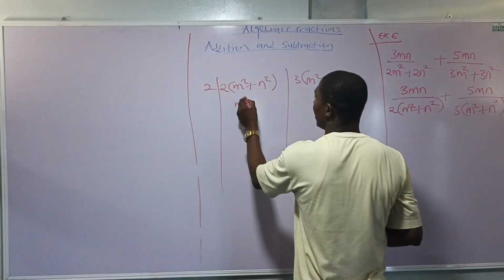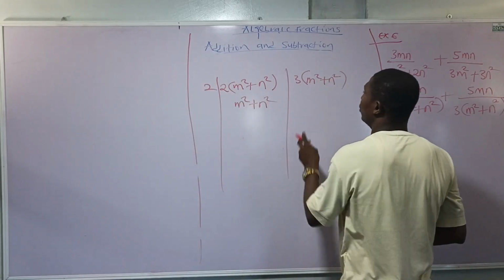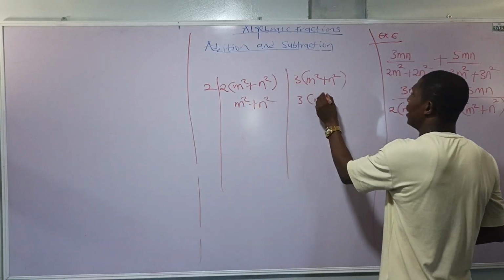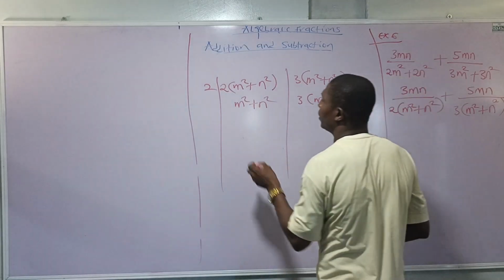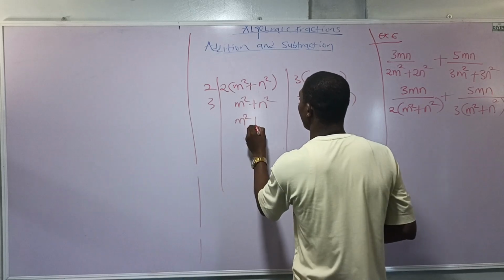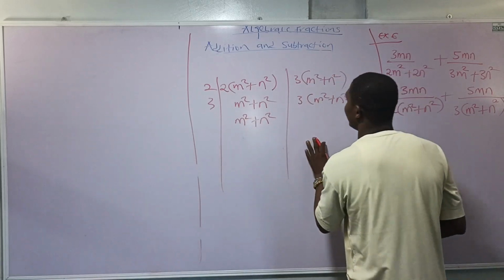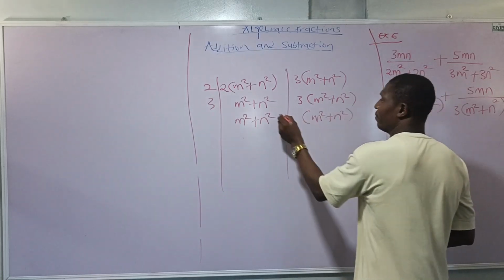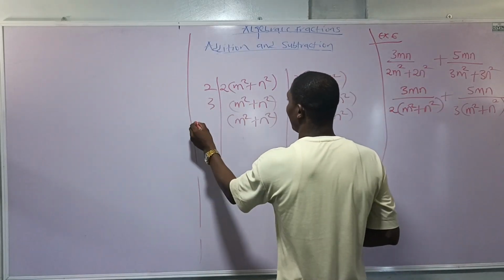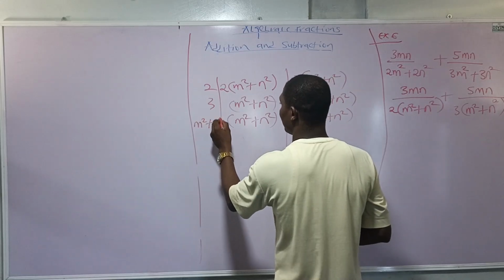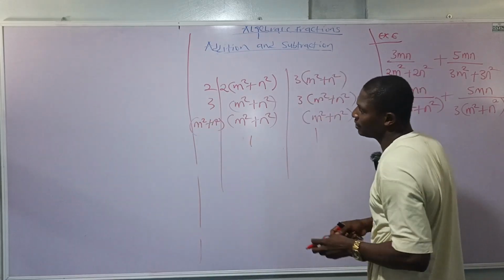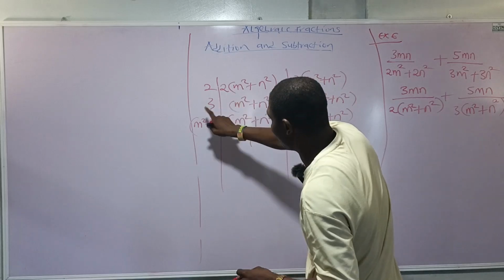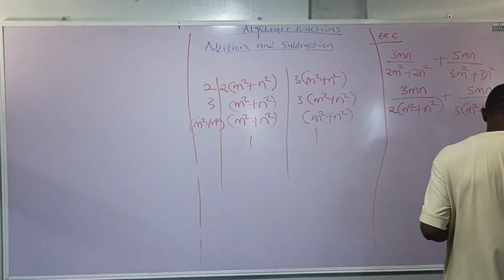I'll have m squared plus n squared left. 2 cannot divide 3, and I'll have m squared plus n squared. 3 will go. I'll have m squared plus n squared, and here will give me 1. And finally, I'll divide through by m squared plus n squared, and I'll have 1, 1. So my LCM is 2 times 3, which is 6, bracket m squared plus n squared, like I said.